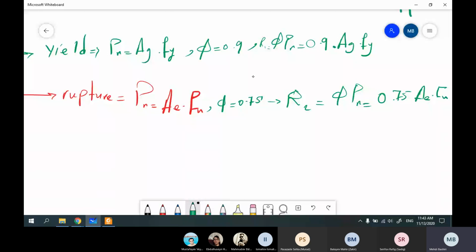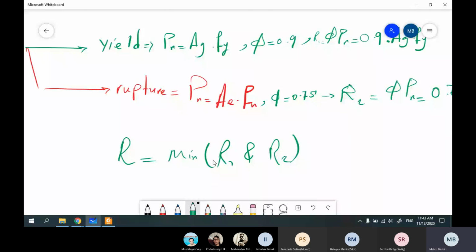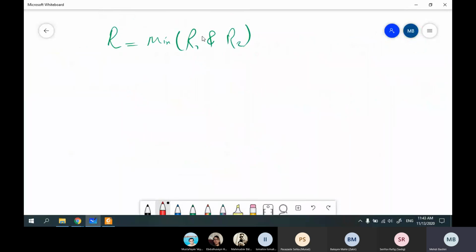What is the final capacity? R is the minimum of R1 and R2. But after all of these criteria are checked, you have to check one more criterion, and it's called slenderness. Slenderness. What does it mean?